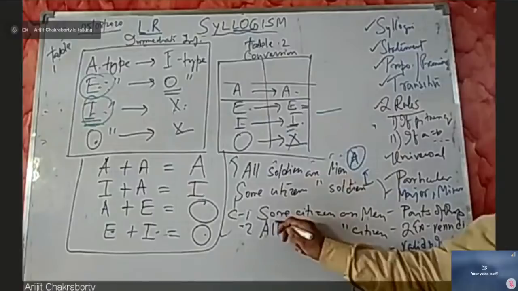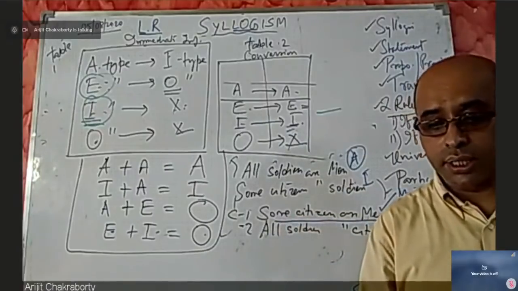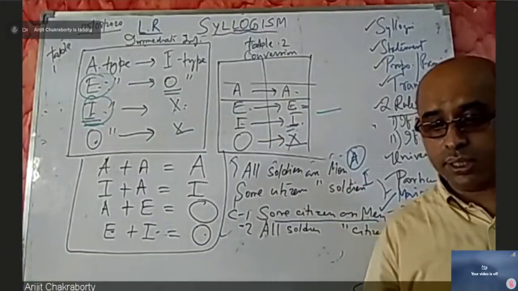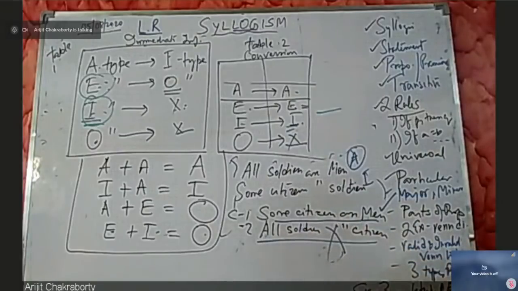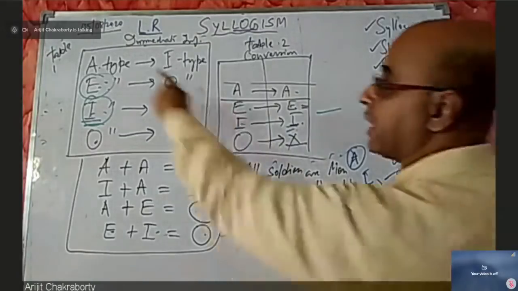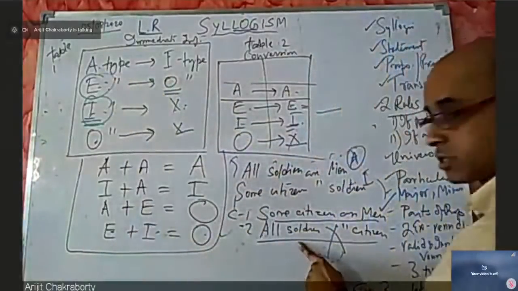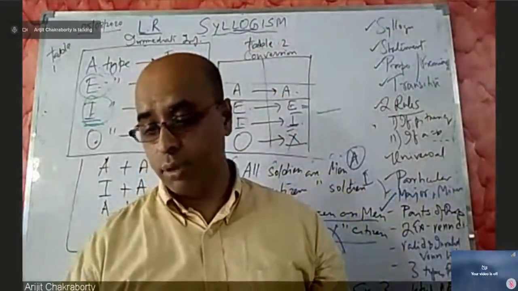Some citizens are men is given. So this is correct. All soldiers are citizens. Second one does not follow, does not hold good. All soldiers are citizens means A type. A plus I is I and not A. So this is not possible. Okay. So this is the last one which has been given by Board of Studies.